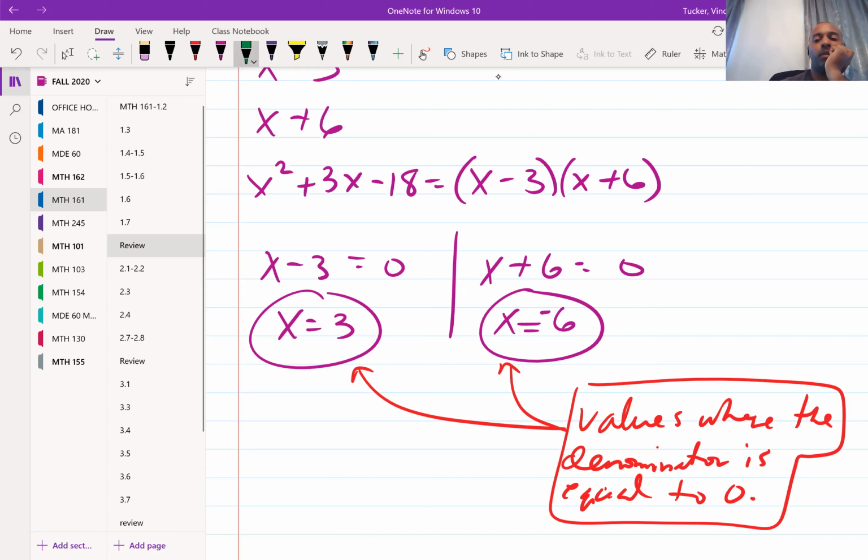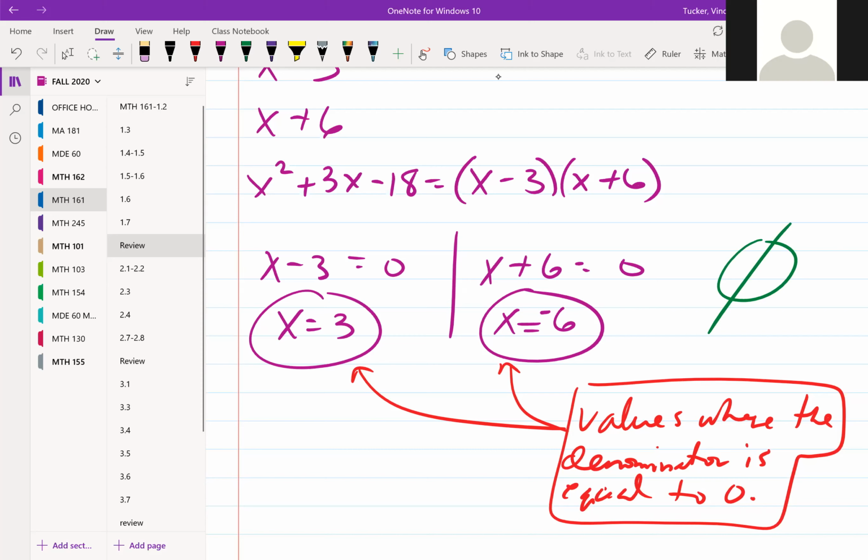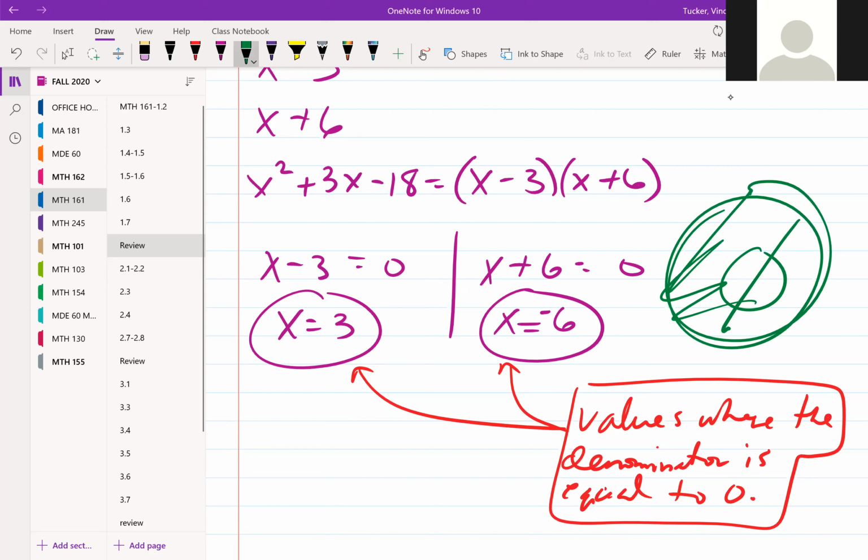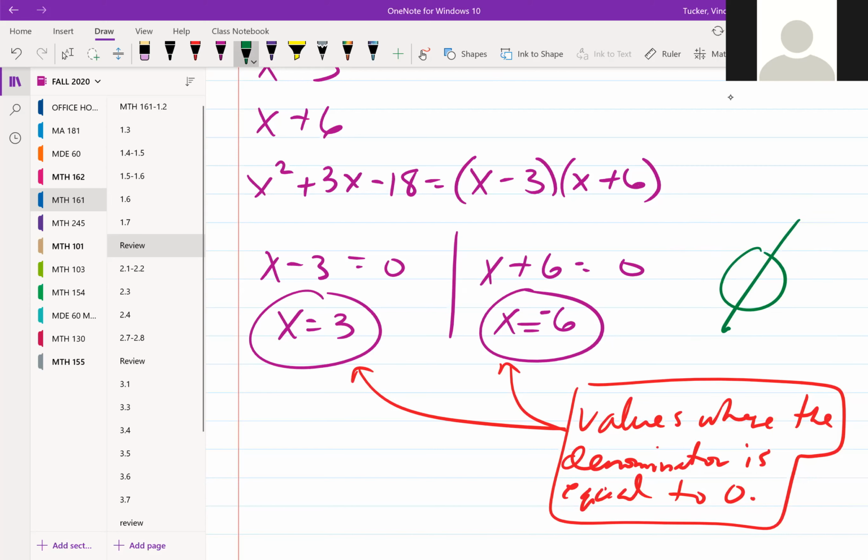Oh, are you talking about this? It's like a 0 with a line across it. Yeah, like that. Okay. So that just represents no solution.